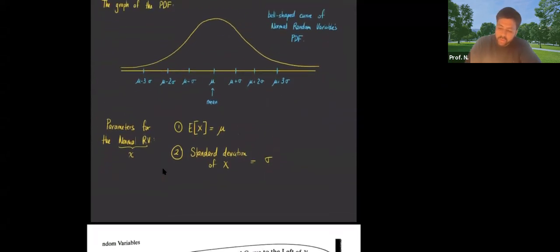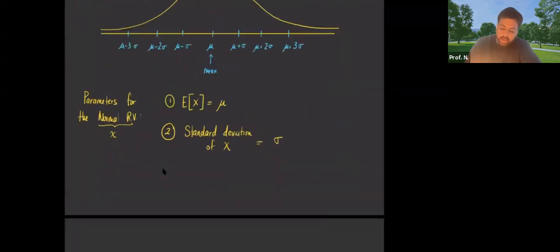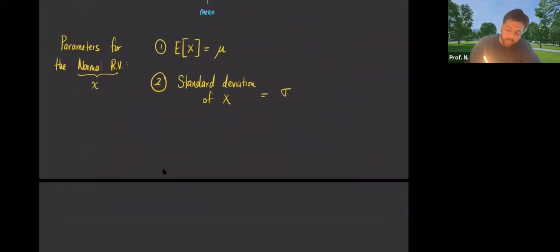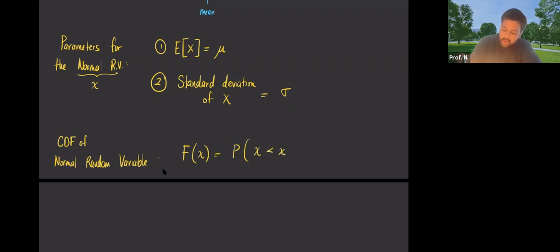And then what follows is the CDF. Just remember that the CDF is the probability that my random variable is less than a particular x value. We're accumulating all of the probabilities up until a particular x value.